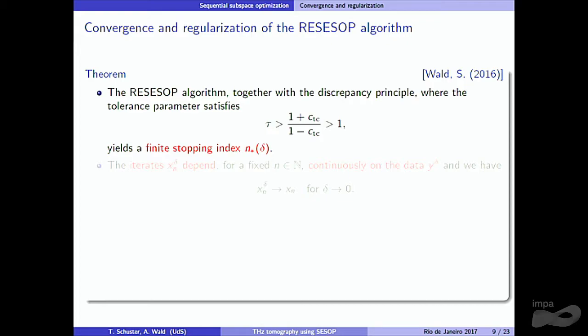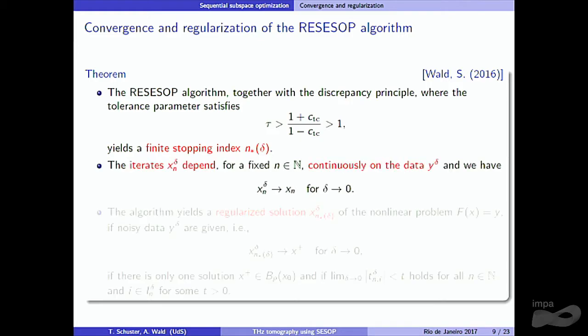We chose a standard a posteriori parameter choice rule, the well-known discrepancy principle, where the tolerance parameter is chosen greater than this fraction, where the constant of the tangential cone condition appears. If we choose this discrepancy principle, the first thing we can prove is that it yields a finite stopping index, depending, of course, on the noise level.